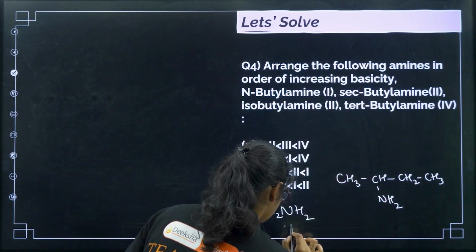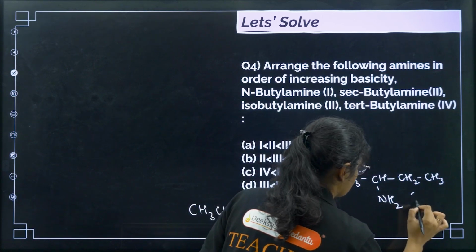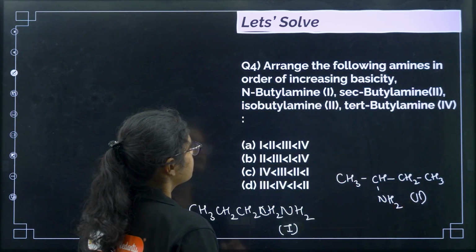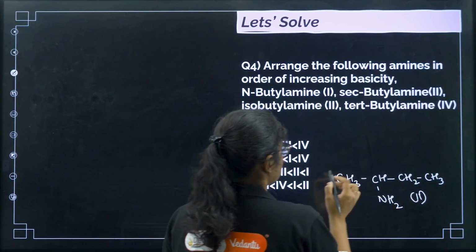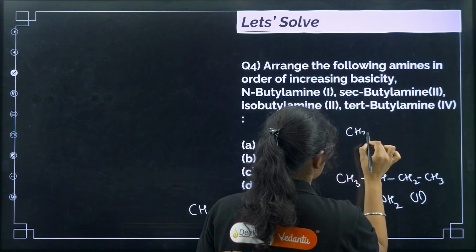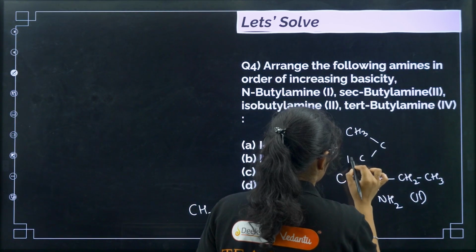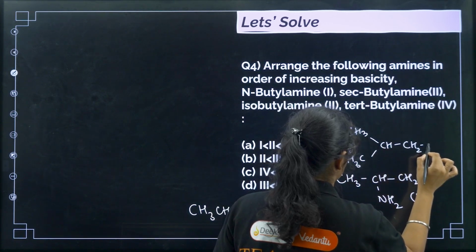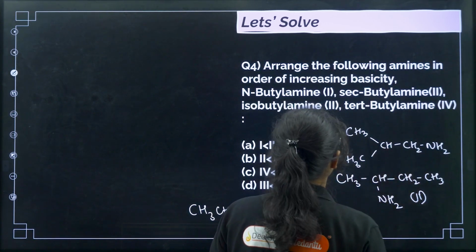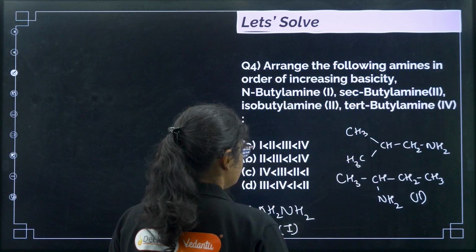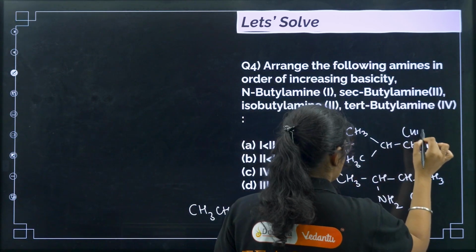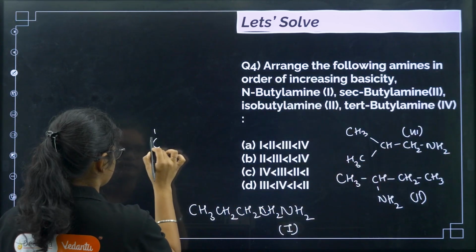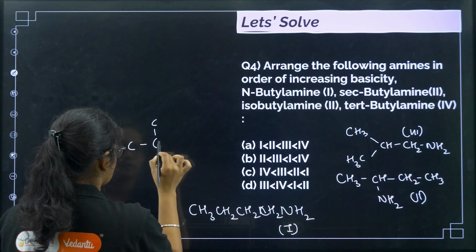So this is your first compound and this is the second compound. Next, the third one is isobutyl amine. So isobutyl group is like this, CH3, this is isobutyl, CH2, NH2. Next you have tert-butyl amine. So this is your fourth one. Now tert-butyl amine, if I draw it like this, is NH2.